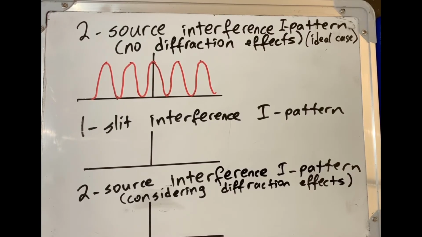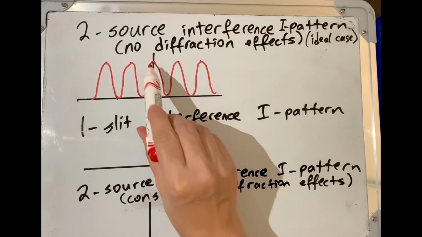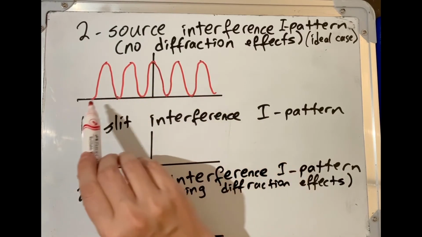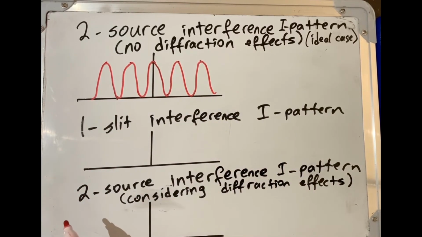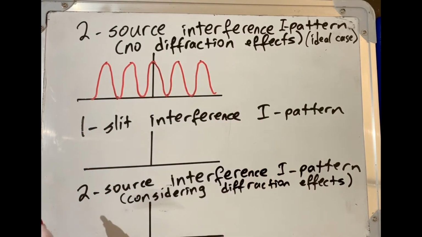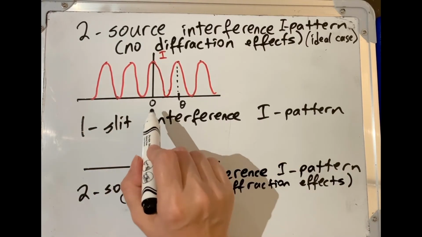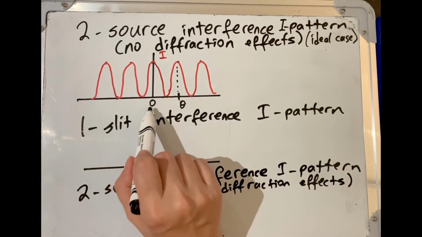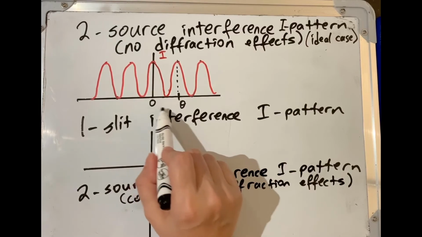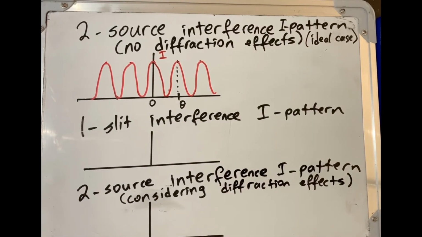As you can see, the intensity of the central maximum and the first maximum and the second maximum, all constructive interference points, are of the same intensity. In this case, the angle from the center of the pattern to the center of the first maximum was the angle that was used to calculate and to derive the formula, which was this.